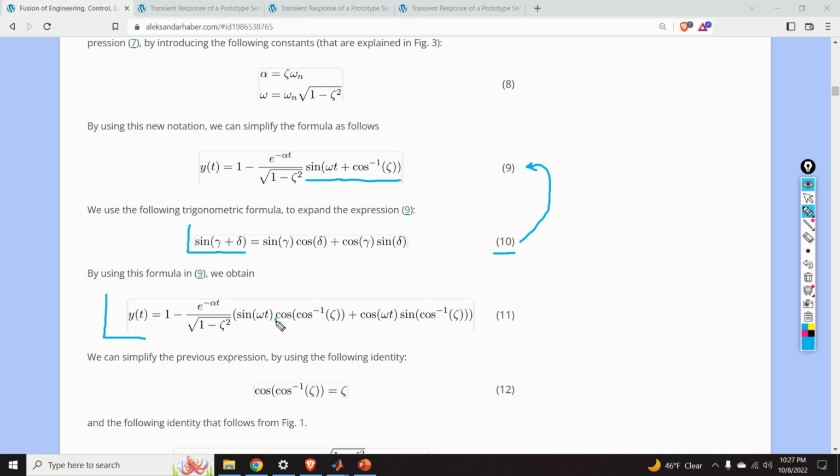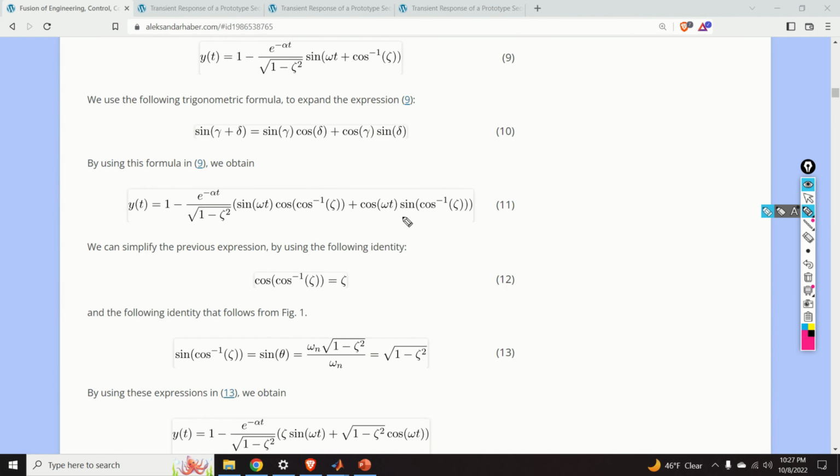First of all, let us simplify this term over here. Cosine of inverse cosine of zeta is actually equal to zeta. Then, let us simplify the term over here. We basically need to compute the sine of inverse cosine of zeta.